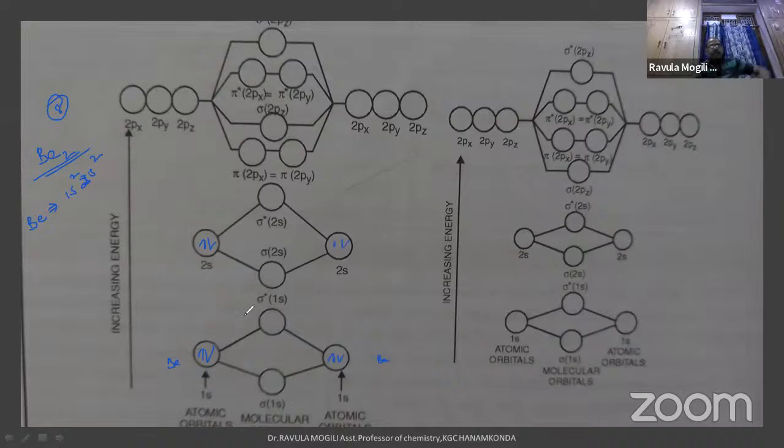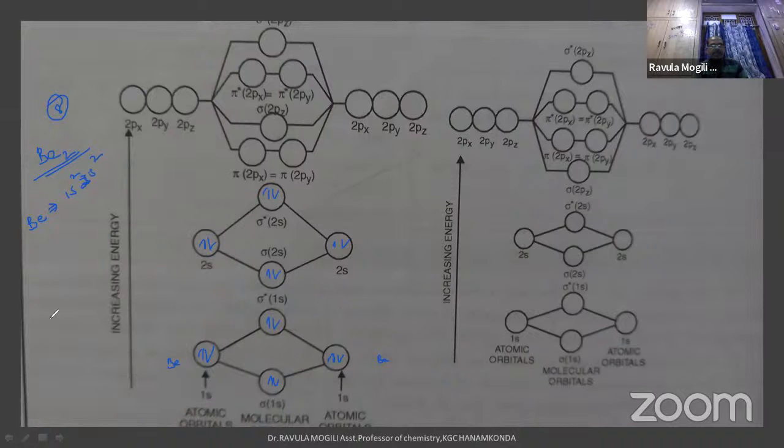So for these 4 electrons, first 2 electrons enter the bonding, and the remaining 2 electrons enter the anti-bonding orbitals. So bonding and anti-bonding.